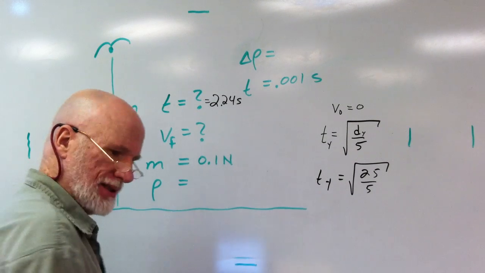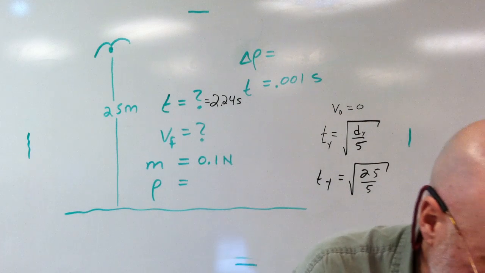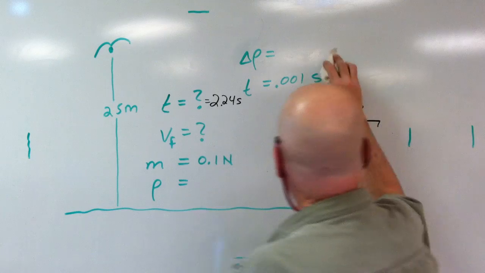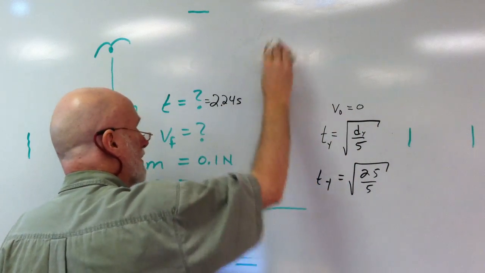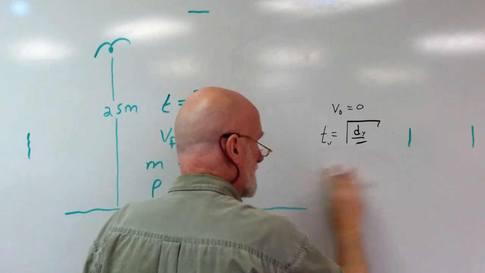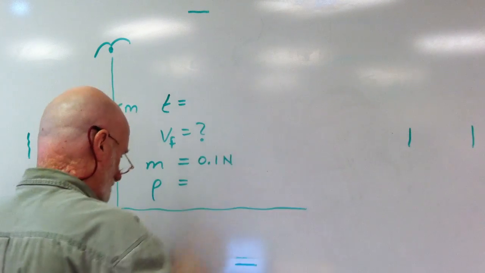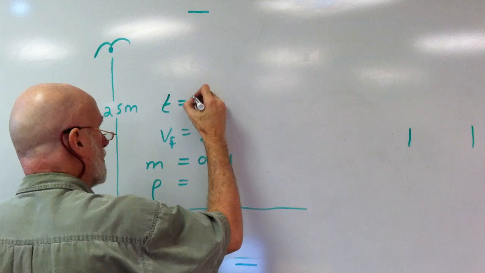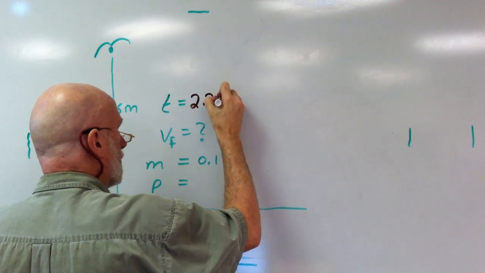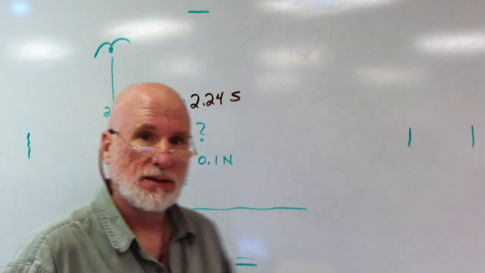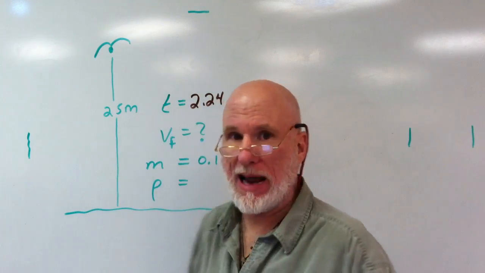This looks a little sloppy, so let's see if we can make this a little neater. I'm going to erase this. So this is going to be 2.24 seconds. That's how long it's going to take to hit the ground.